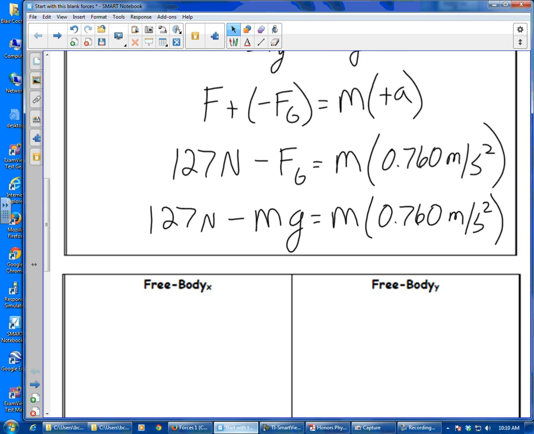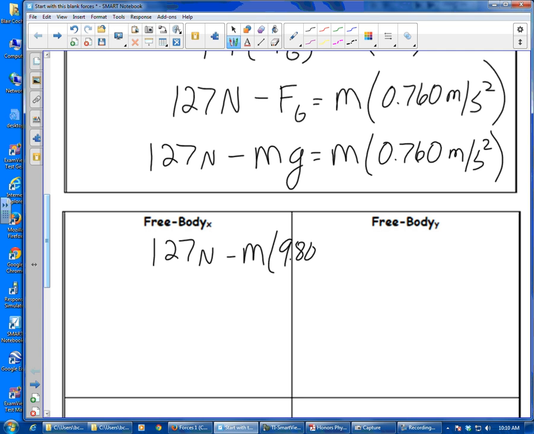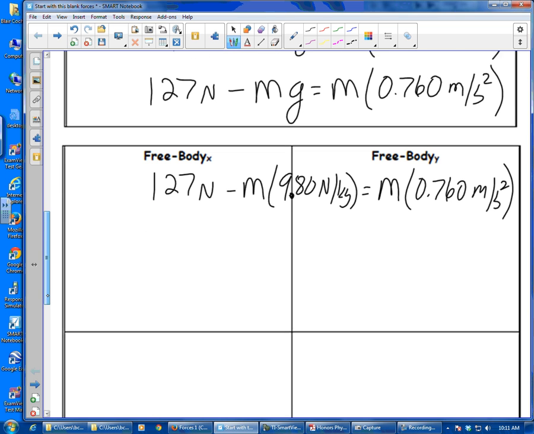So now I need to, well, you probably want me to put in numbers again, so I'll put in numbers. I'm going to ignore this free body stuff here. Just keep working. 127 newtons minus m times 9.80 newtons per kilogram equals m times 0.760 meters per second squared. I only have one variable. I have m. That's what I would want to solve for.